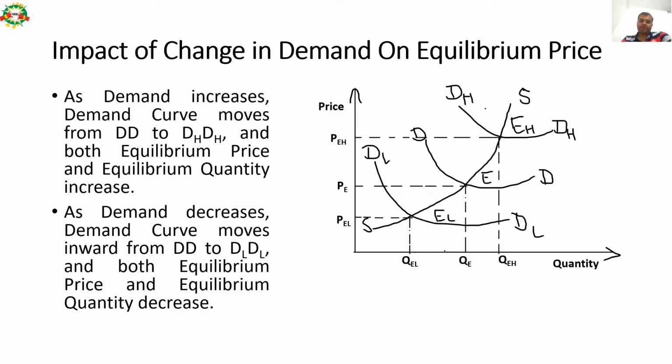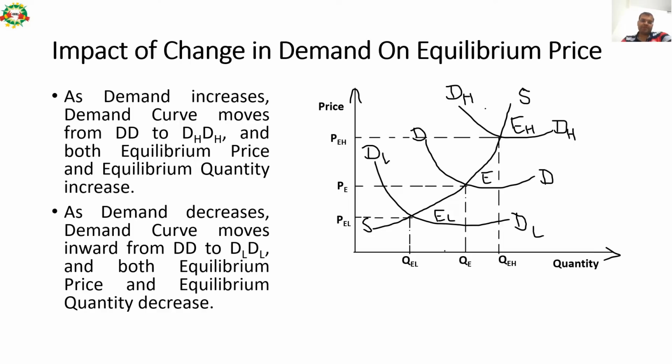If this is the normal demand curve, then as demand increases the demand curve will move outward while the supply curve remains the same. Equilibrium price will increase from PE to PEH, and equilibrium quantity will increase from QE to QEH.